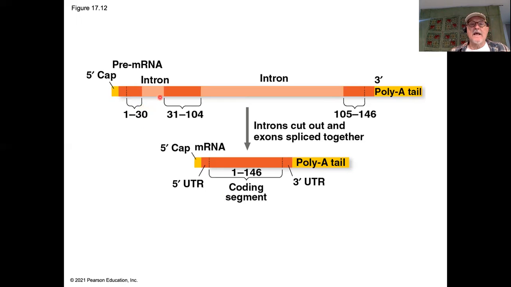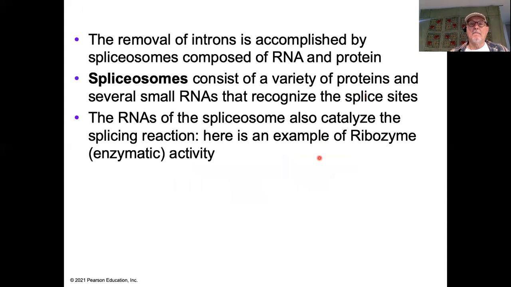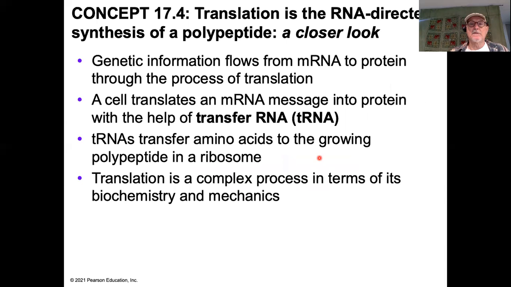The exons, there and there, often correspond to different regions of the same polypeptide, to different domains of the polypeptide and the eventual protein. Okay, this just tells you about spliceosomes.